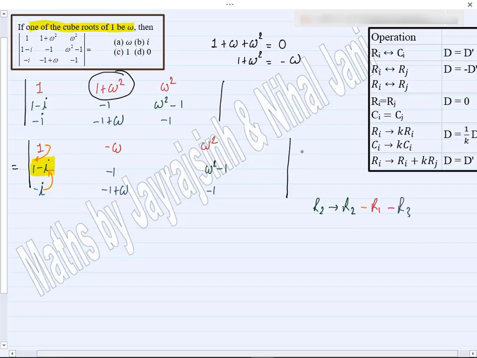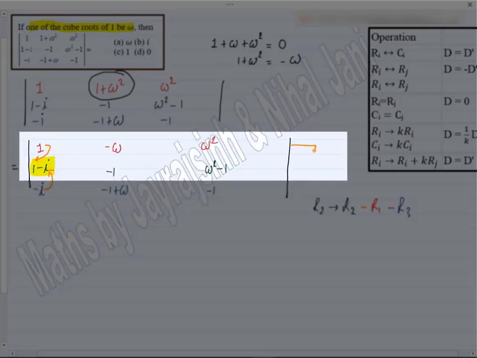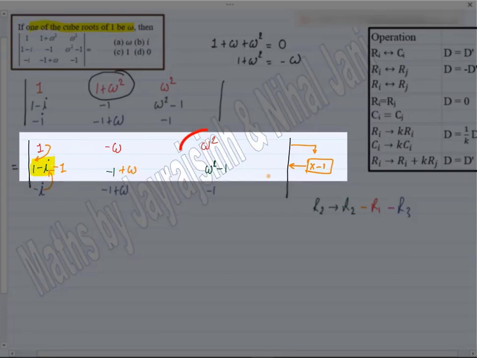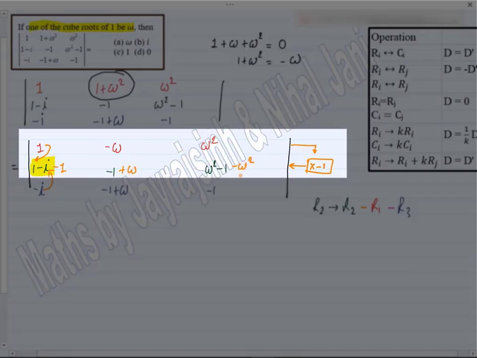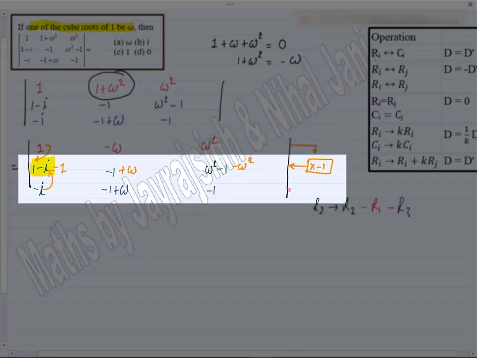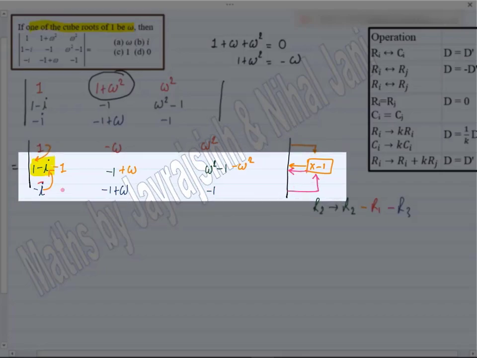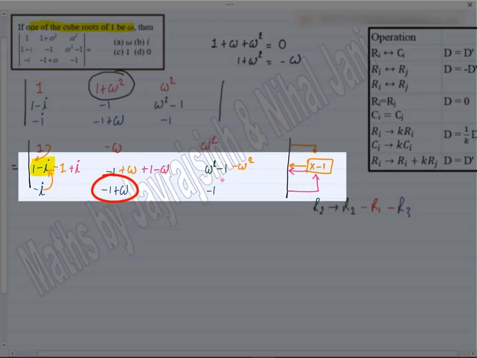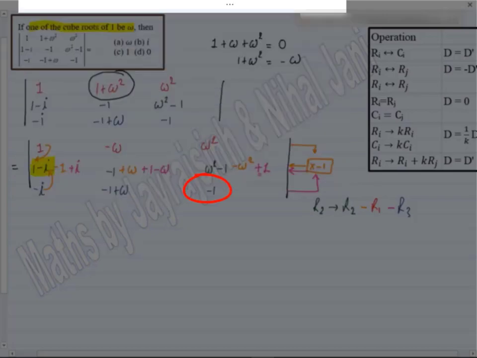So let's do this. First of all, multiply minus 1 with the first row and add into the second row. So here we'll get minus 1, then plus omega and minus omega square. Now let's multiply the third row with minus 1 and add into the second row. So here we'll get plus 1, then plus 1 and minus omega and plus 1.